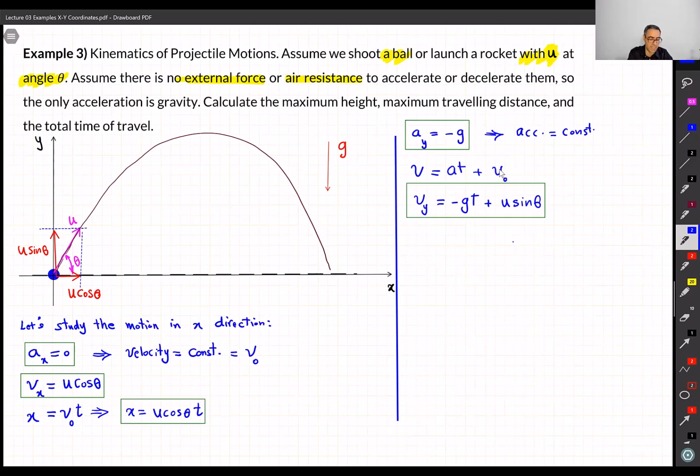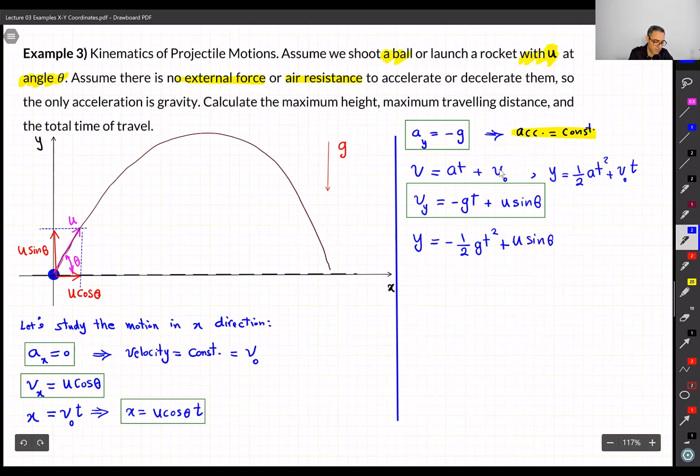So we found acceleration, we found velocity, and for y, I'm going to write it down here. We also have a formula that says it is half of at squared plus v0t, right? This is the formula that we know based on the fact that acceleration is constant. So simply, I write down in y direction, I have half of gt squared, because it's negative, I have to carry that minus sign, plus v0, u sine theta t. And that's all we have.